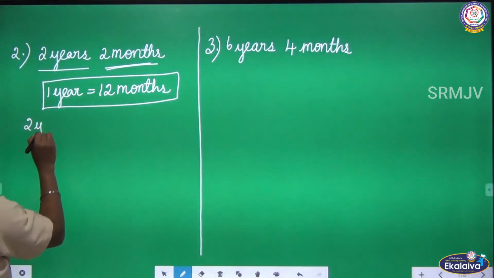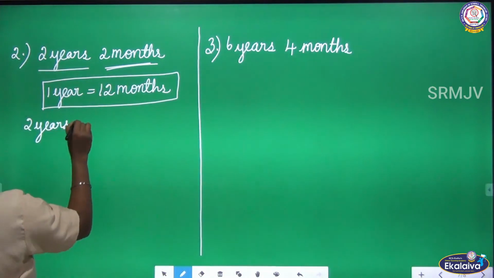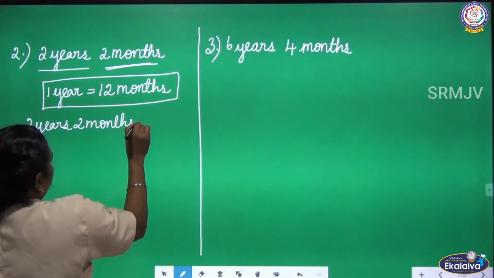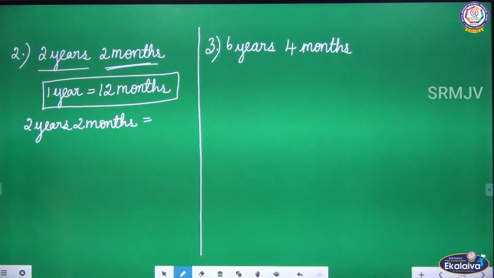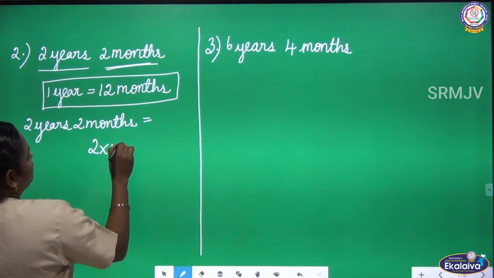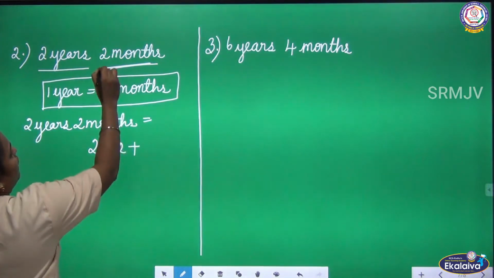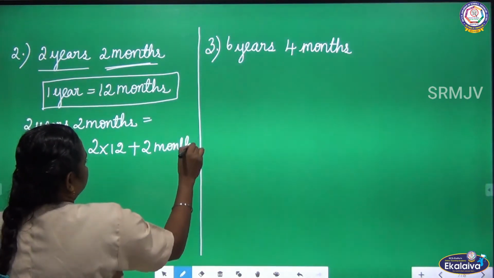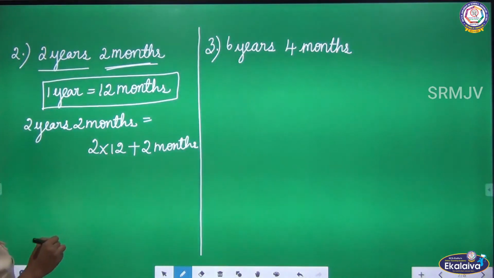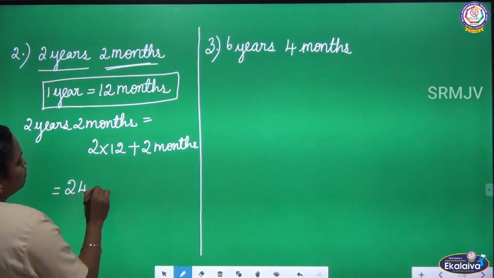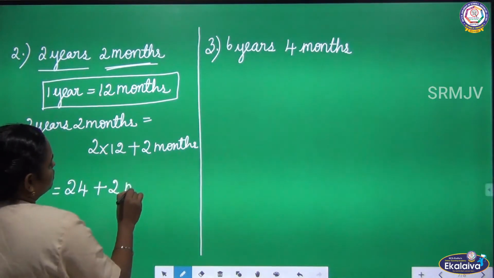So 2 years 2 months equal to, we are going to multiply 2 into 12 plus we are going to add this 2 months. So 2 12s are 24. So 24 plus 2.